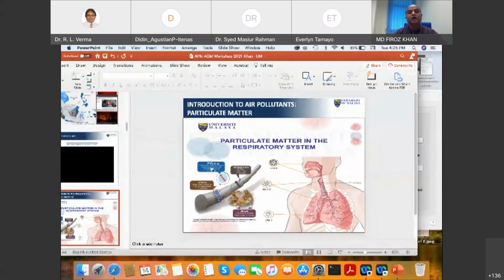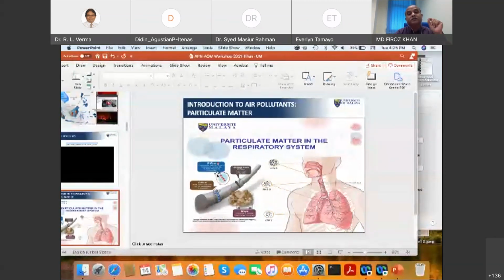And then if we want to know the PM2.5, how about the aerodynamic size? If we make a comparison with PM10, you can see how small one particle of PM2.5 is compared to an entire PM10 aerodynamic size, right?